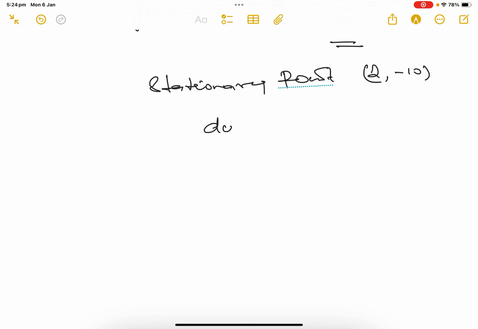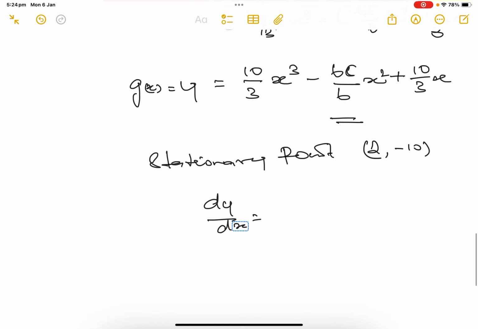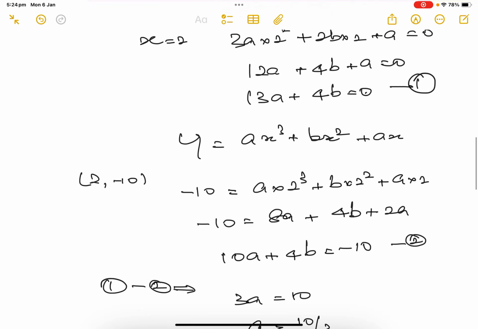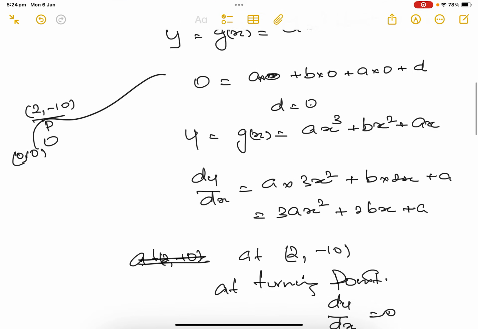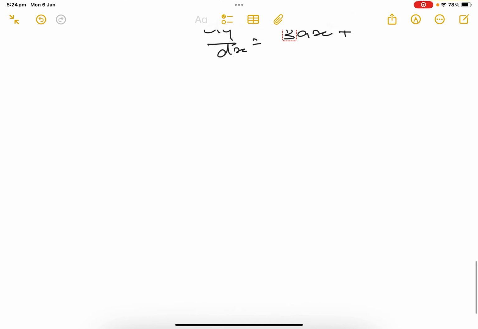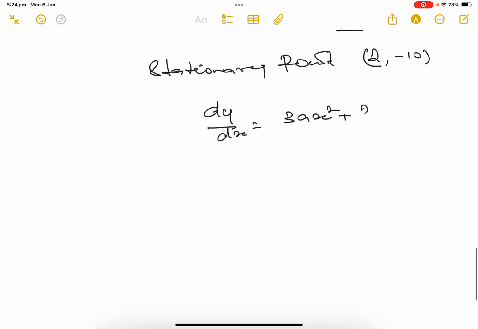So we know dy over dx, we found it, that is 3ax squared plus 2bx plus a.